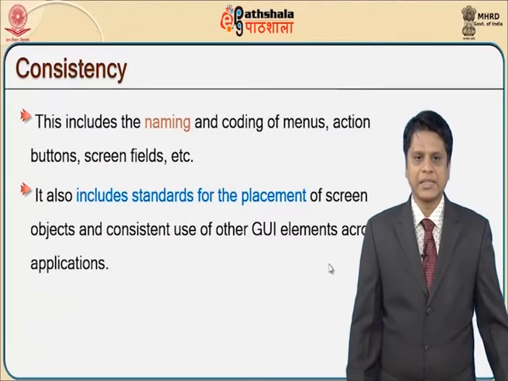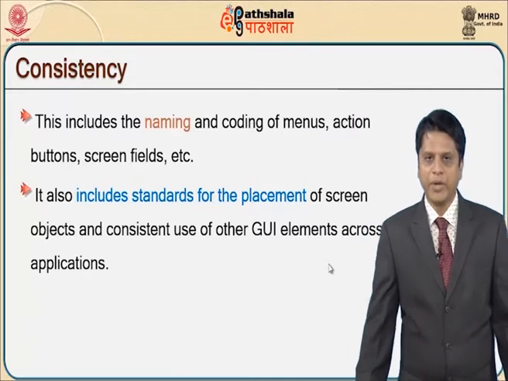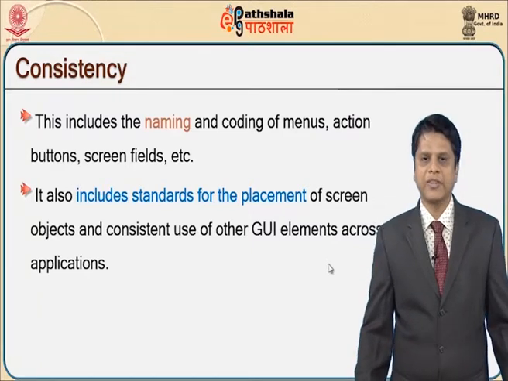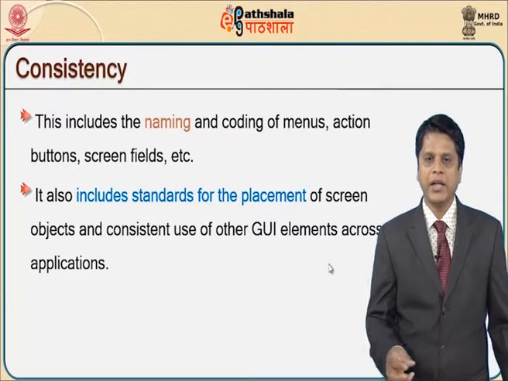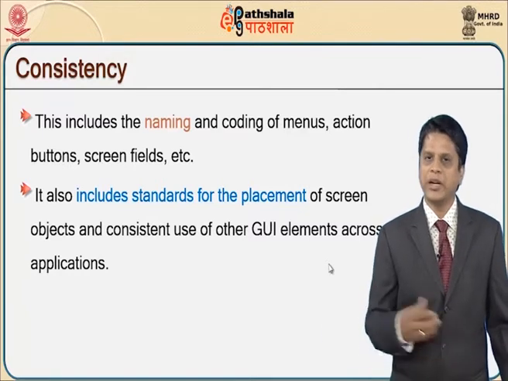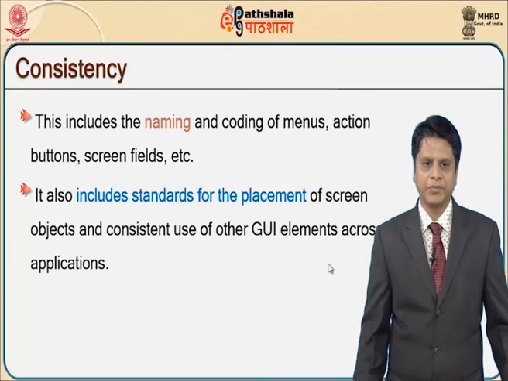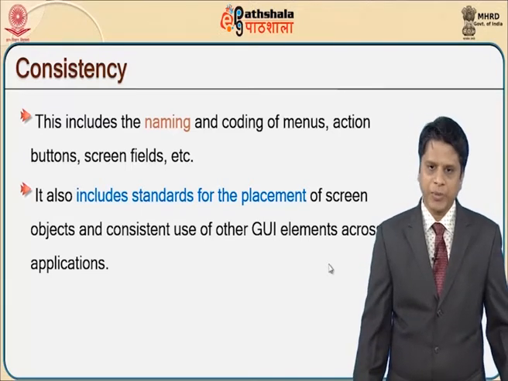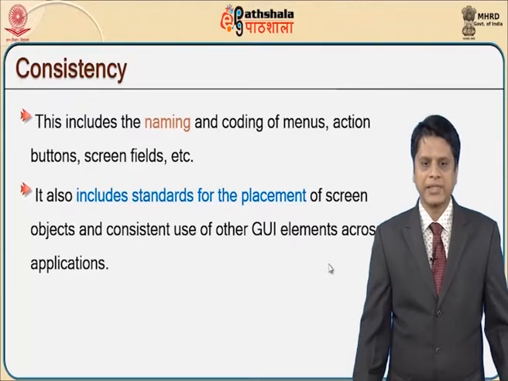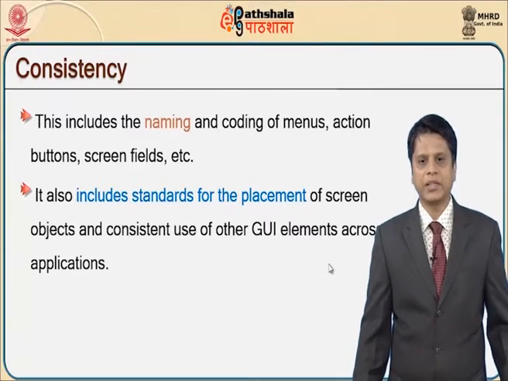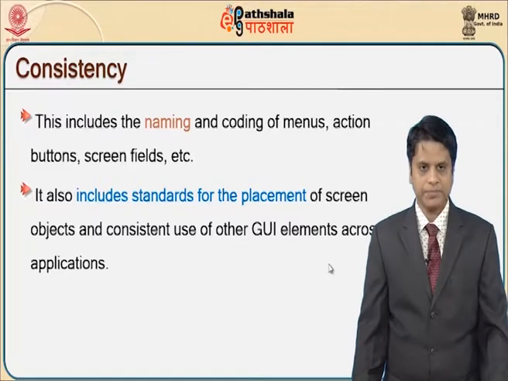Looking at consistency, this includes the naming and coding of menus, action buttons, screen fields. Say for example, for login, it's a common name that we may have to maintain over a period, so that it becomes consistent for any number of forms that we create. It also includes standards for placement of screen objects and consistent use of other GUI elements across the applications.